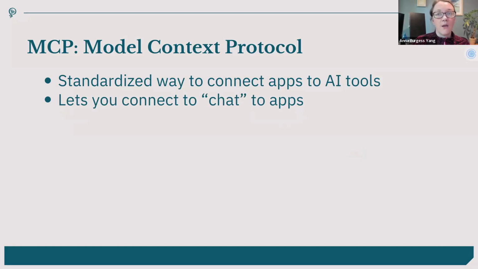So, for example, you're working in ChatGPT or Claude, and you want context from something else that you're using. An MCP is the way to connect that something else so that you don't have to switch back and forth or copy and paste in order to get context into your AI tool.